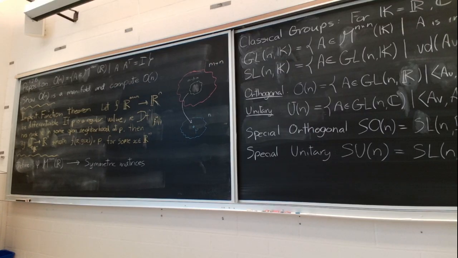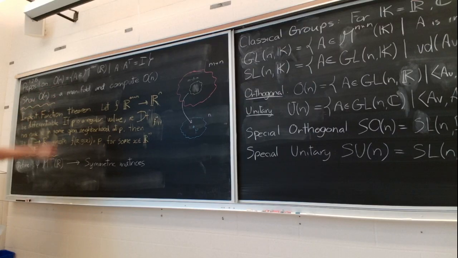Phi takes a matrix A and outputs another matrix. Okay, what's the matrix? The identity? No, the identity map is useless. It takes a matrix and outputs one. No, it's right there.